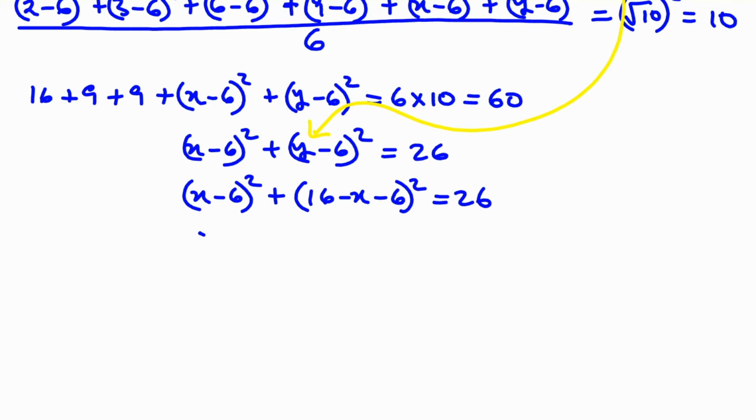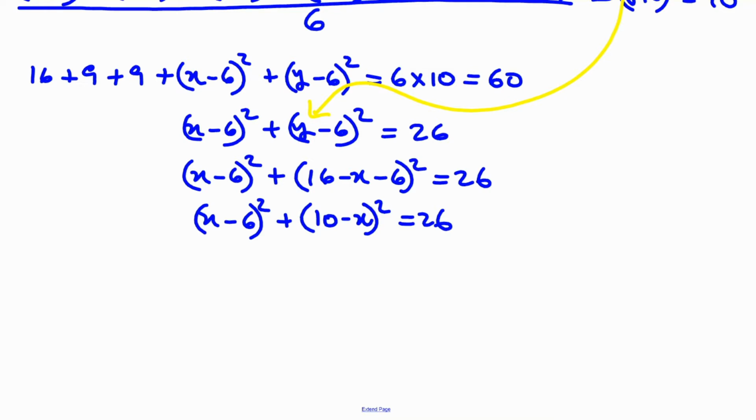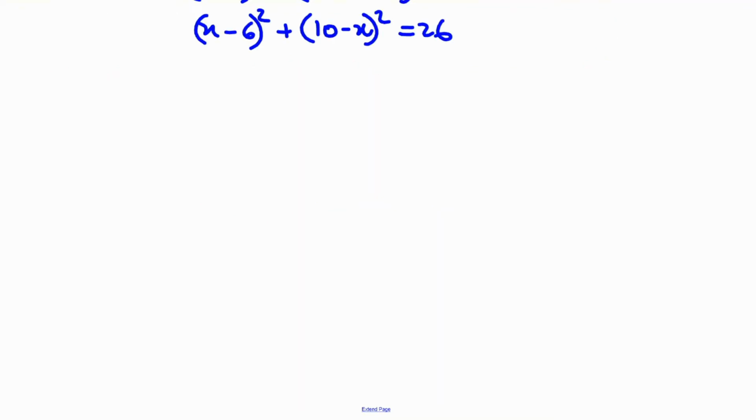And this will simplify to x minus 6 squared plus 10 minus x squared is equal to 26. We can now just FOIL this. So x squared minus 12x plus 36, and then here we have 100 minus 20x plus x squared is equal to 26.